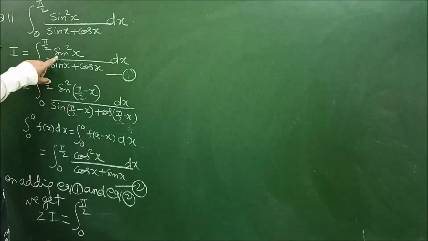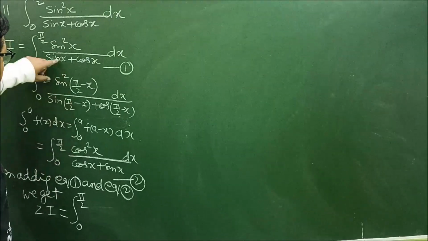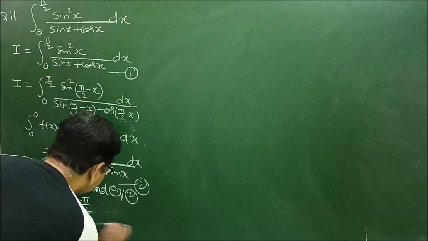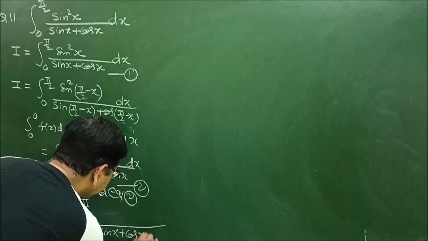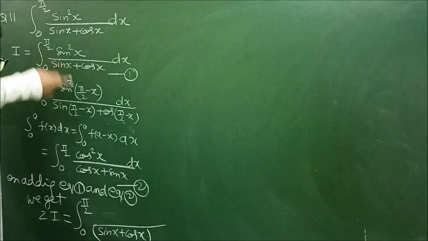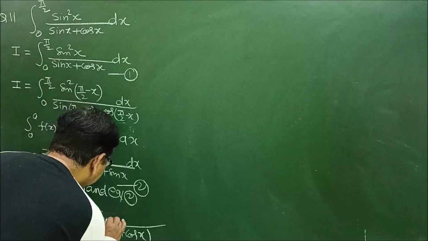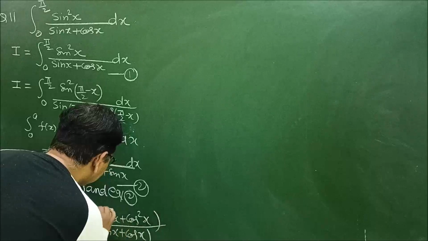Both the definite integrals have the same denominator, so taking sin x plus cos x as common, in the numerators will be added sin square x plus cos square x, dx.